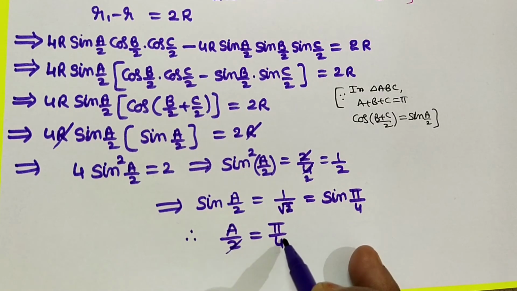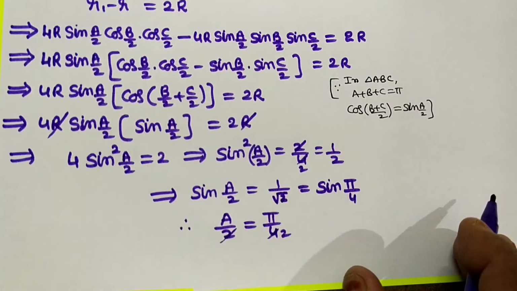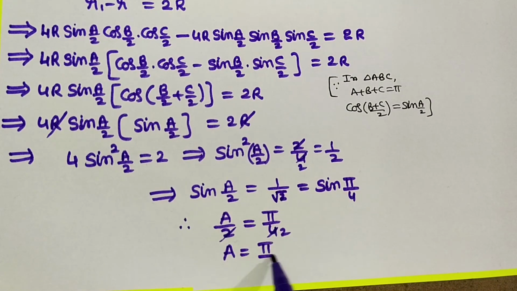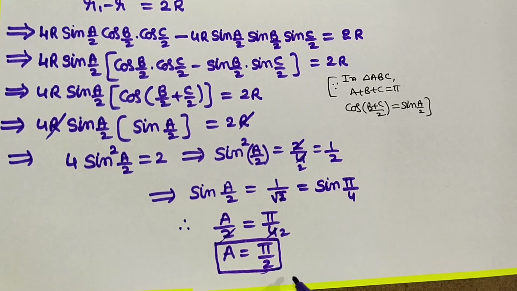Therefore A equals pi by 2. They are asking to prove the right angularity, hence the result.